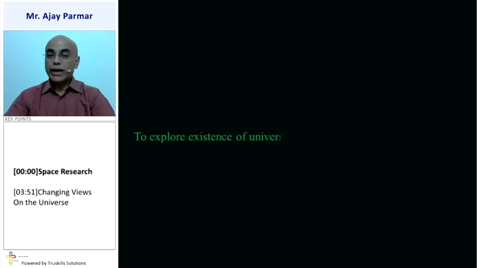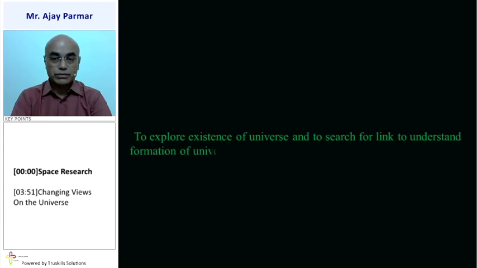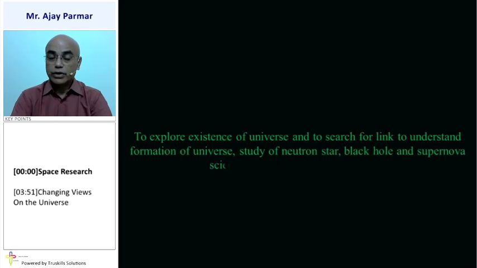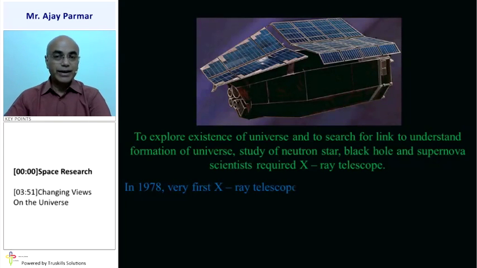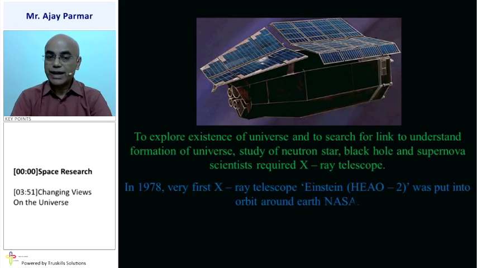Not only that, to explore the existence of the universe, or to search for a link to understand the formation of the universe, the study of neutron stars, black holes, and supernova explosions, scientists required still better quality telescopes, for example, the X-ray telescopes. In 1978, the very first X-ray telescope, Einstein, also known as HEAO-2, was put into orbit around the Earth by NASA.